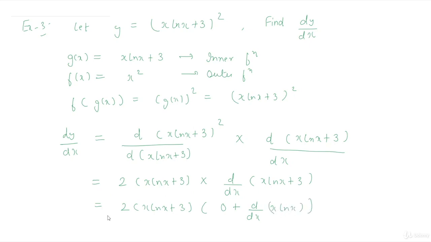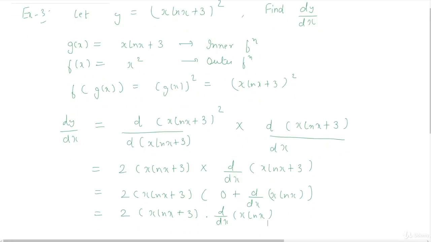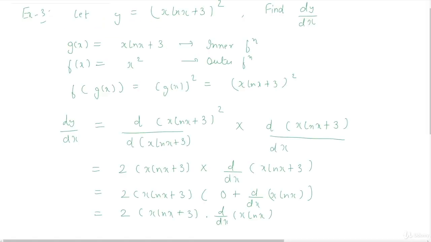What remains is 2 times x ln x plus 3 multiplied by d by dx of x ln x. Now we need to calculate d by dx of x ln x. Okay, so let's write it. So this will be 2 times x ln x plus 3, and the second term d by dx of x ln x.